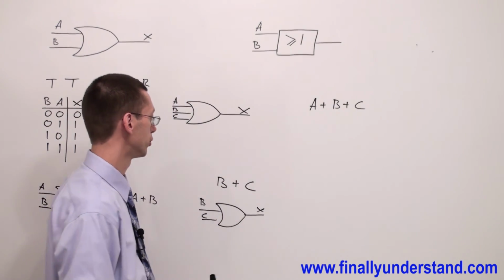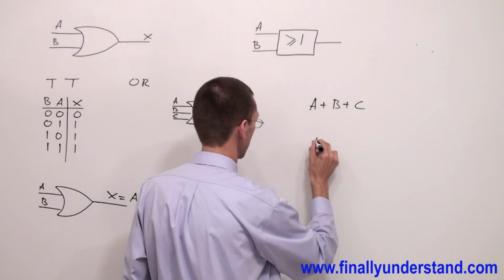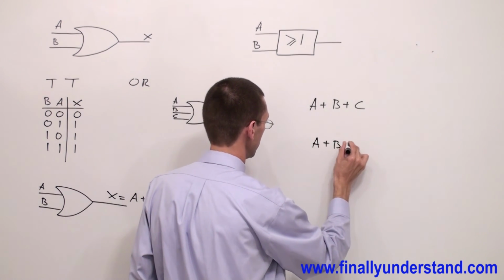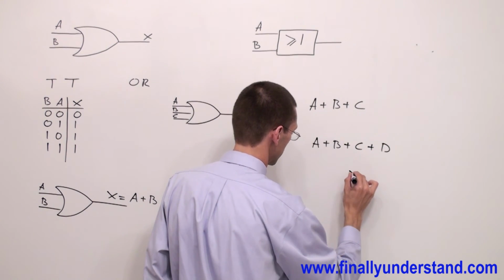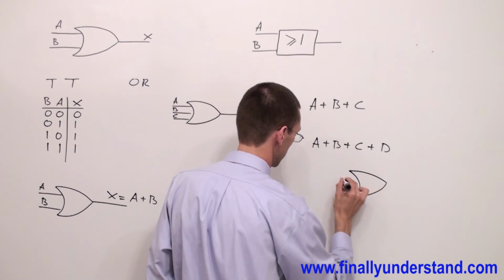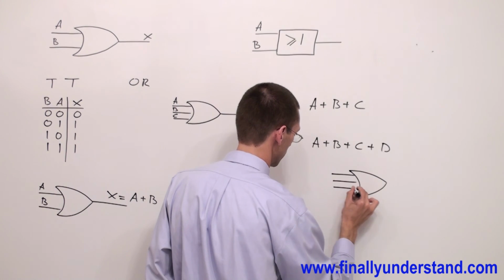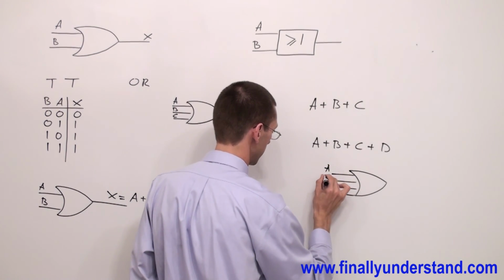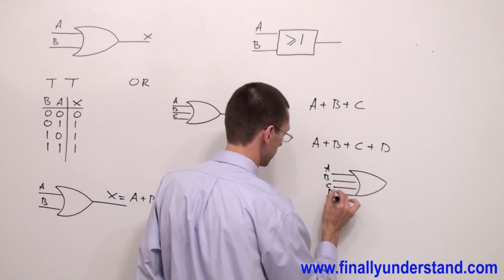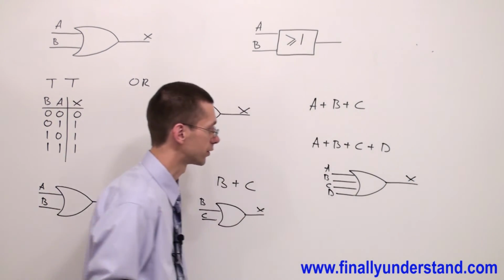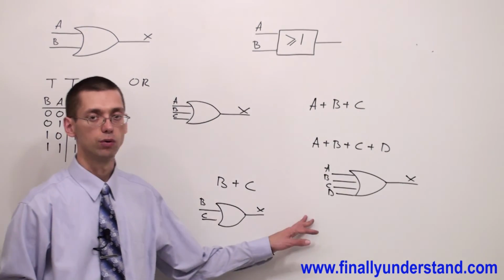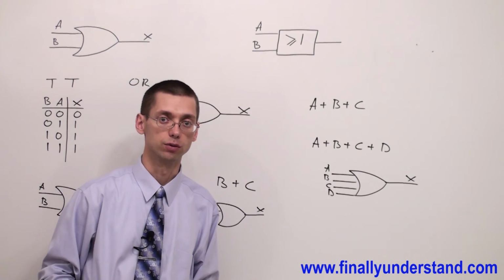And if I have, let's say, the expression A or B or C or D, this is a 4-input OR gate. A, B, C, D. Okay, this is my output X. Okay, so now we can start doing problems.